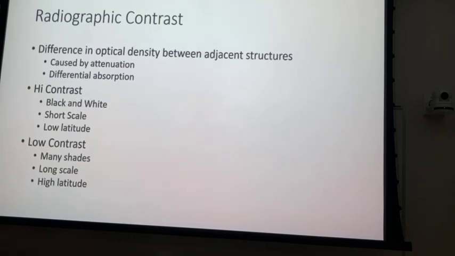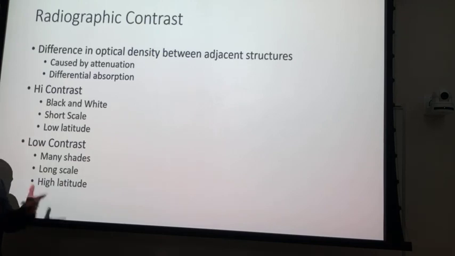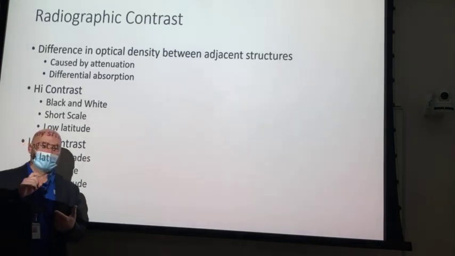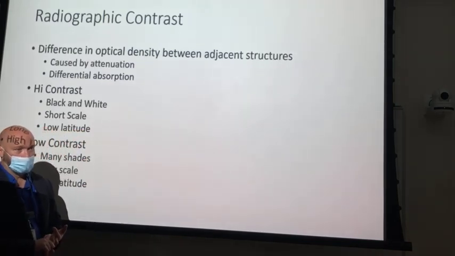So, radiographic contrast being the difference in optical densities between adjacent structures, that's what you're going to look for. You're going to have a tendency to confuse two things. Well, a lot of things, but in this case, two things. You've got sharpness of recorded detail, and then you've got visibility of recorded detail.